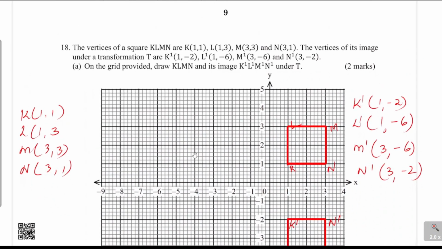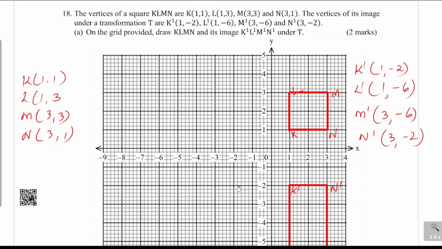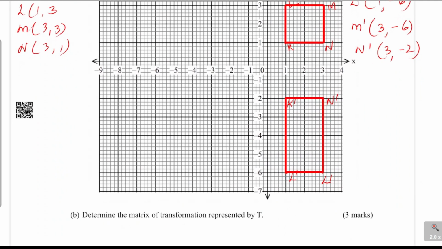The first question you simply require is to draw KLMN and its image under the transformation T on the grid provided. Then part 2, determine the matrix of transformation represented by T. For T, you don't know the matrix, but you have the object and the image.